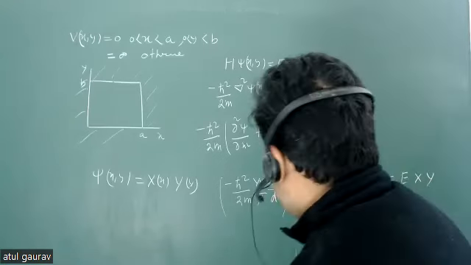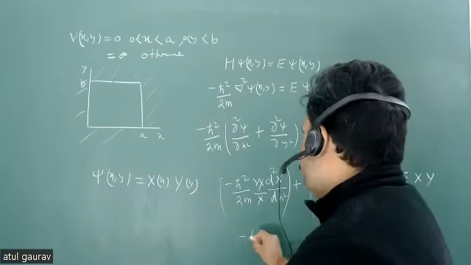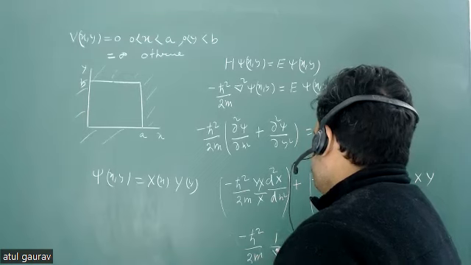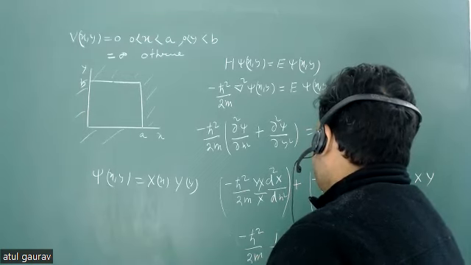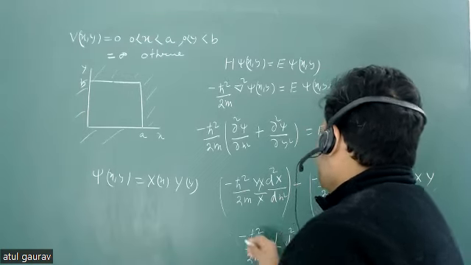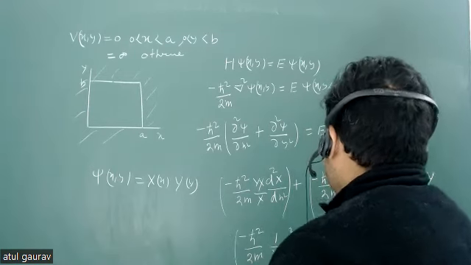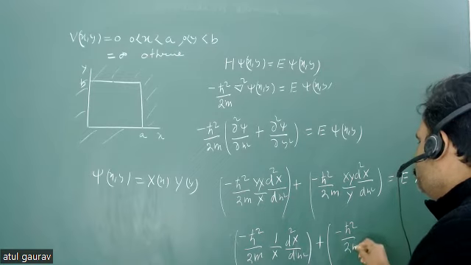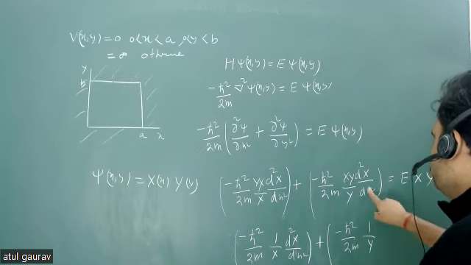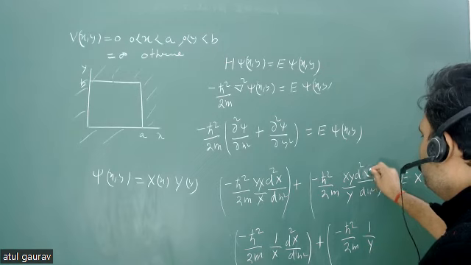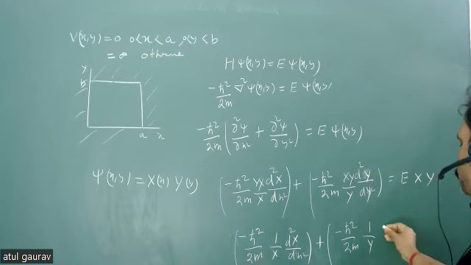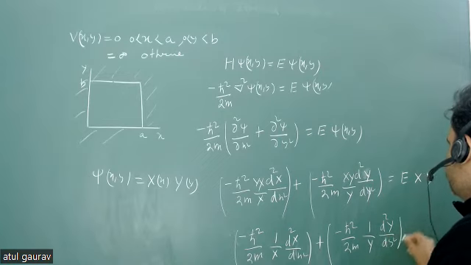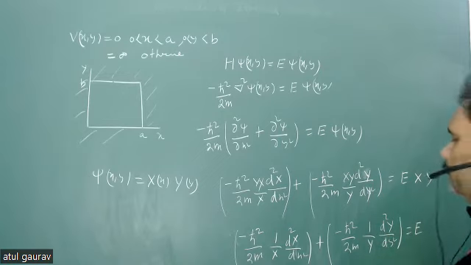Then we have minus ħ squared upon 2m, 1 upon X, d squared X upon dx squared, plus minus ħ squared upon 2m, 1 upon Y, d squared Y upon dy squared, equal to E.